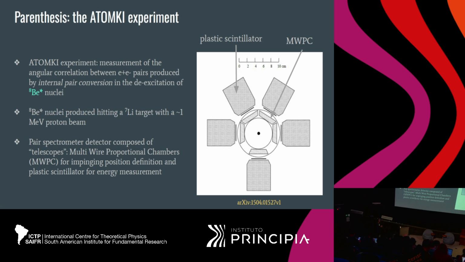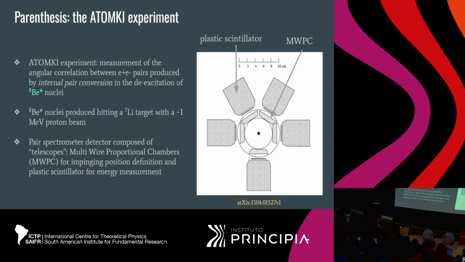Beryllium-8. So then what happens is that from the de-excitation of these excited states, an electron and a positron are produced, and in this experiment they want to measure the energy and the angle of emission of these particles. This is due to nuclear physics reasons, so I won't go into detail here.